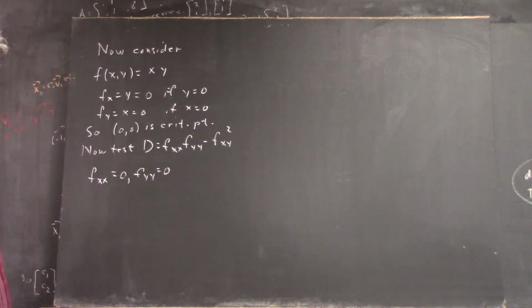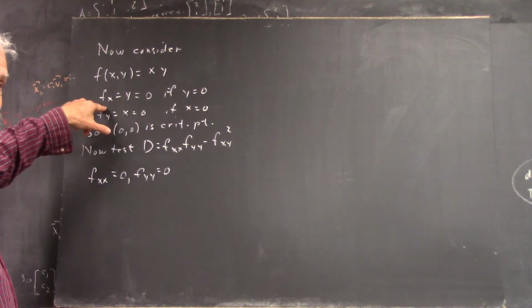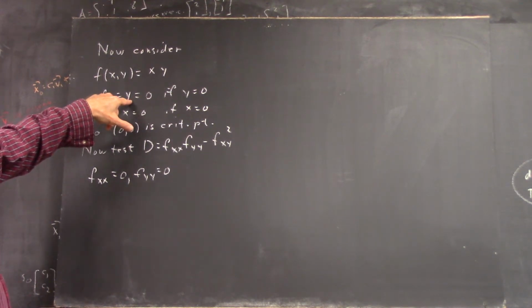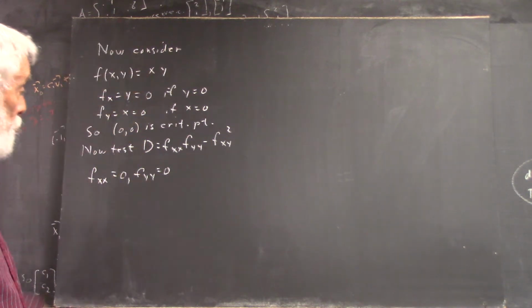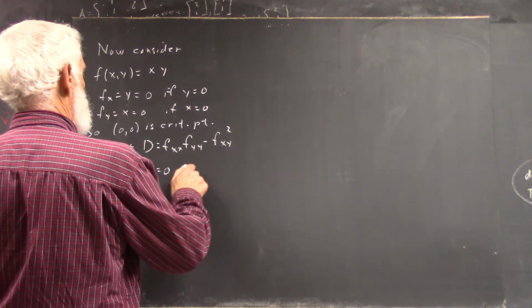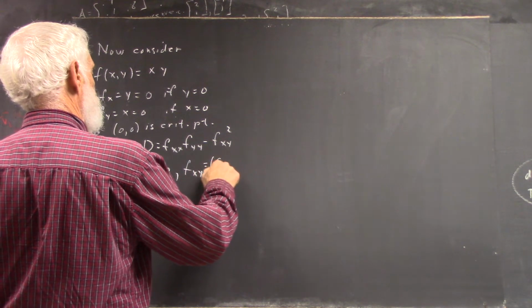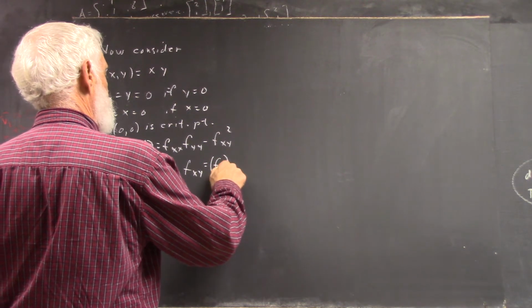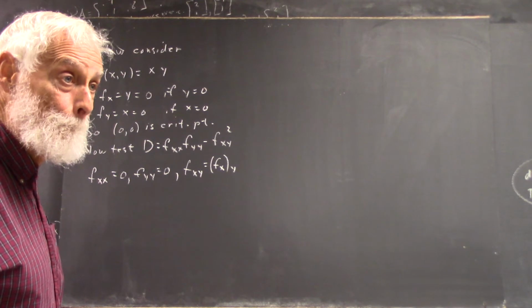fxx is 0, right? Because fxx is the x derivative of this, of fx. Okay? And that's the x derivative of y, which is 0, and vice versa over here, okay? Well, fxy equals fxy, right?